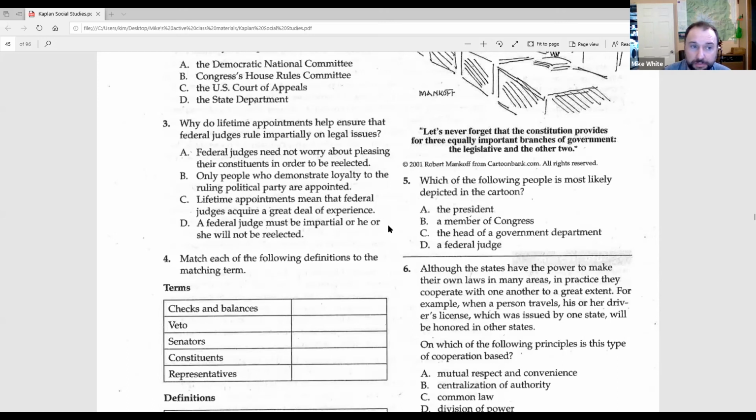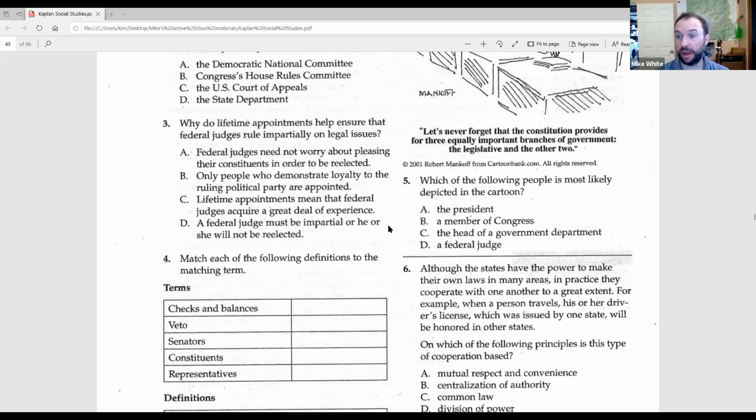B stands out to me as maybe the first one that I would get rid of. Only people who demonstrate loyalty to the ruling political party are appointed. Now, unfortunately, that may be the case, especially these days, but that doesn't answer the question, right? Why do lifetime appointments ensure federal judges rule impartially?